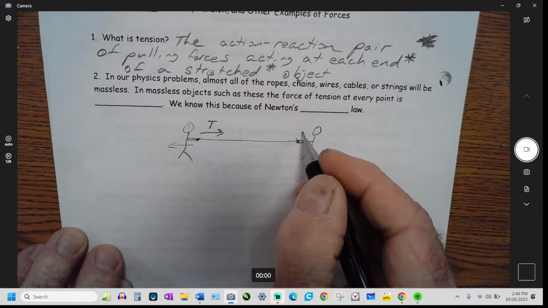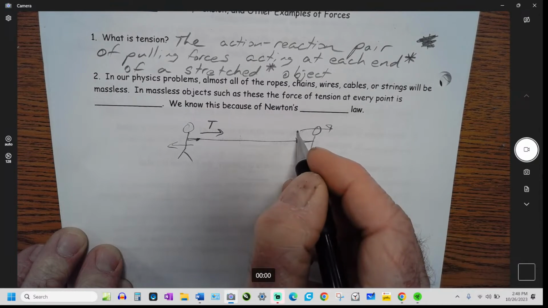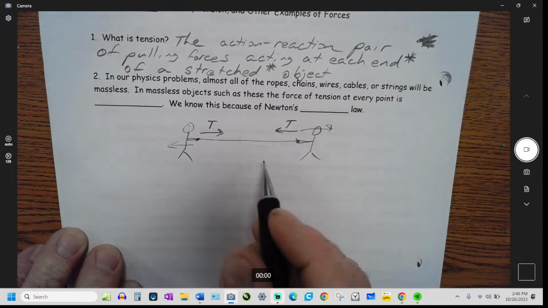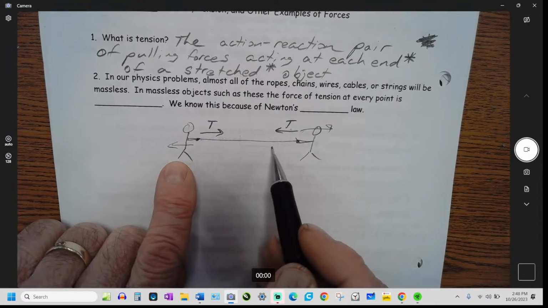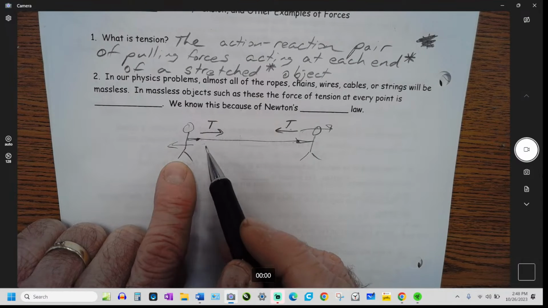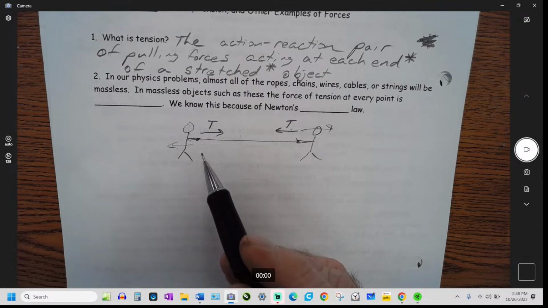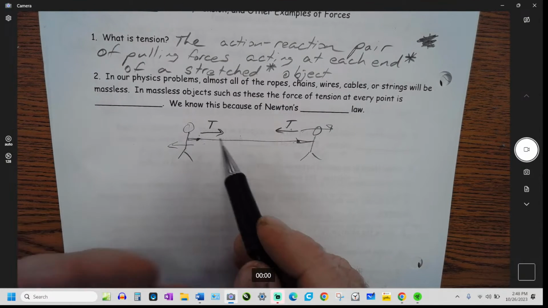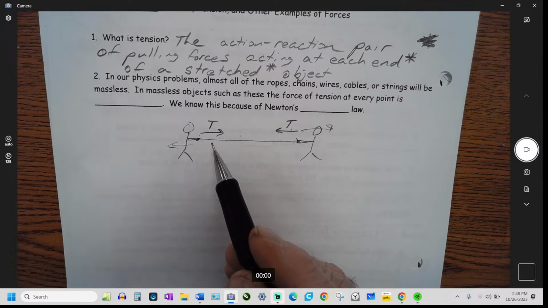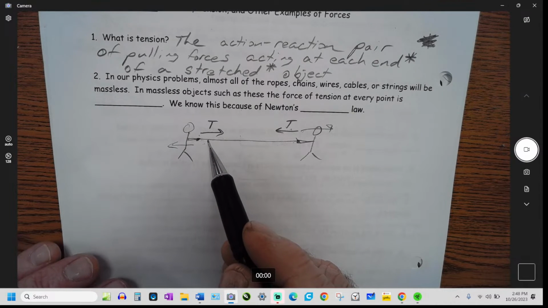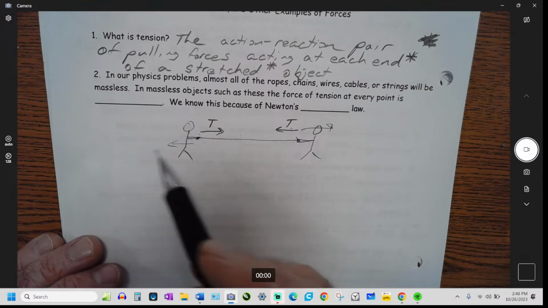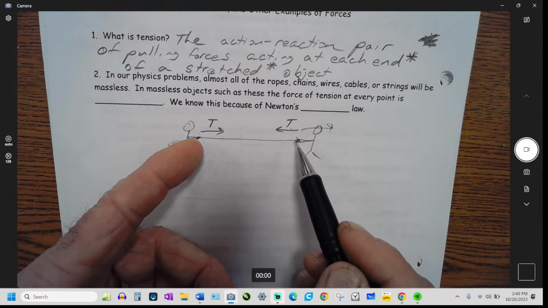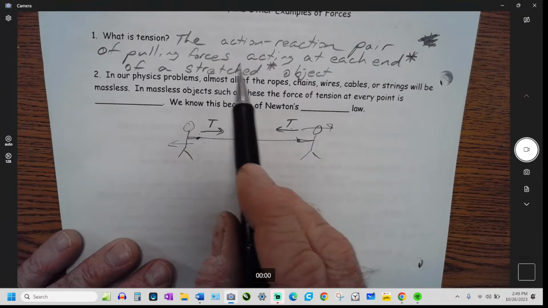But at the other end, the person's pulling this way on the string, and the string's pulling this way, and that's the tension. So that's the action and reaction pair at either end of the string, and they're on one side of a person pulling away from the person, which kind of is the definition of pull. If you're on one side of a person going toward the person, then that's sort of a push. So I would call these a pull and stand by it.